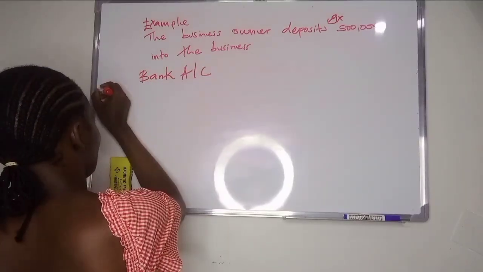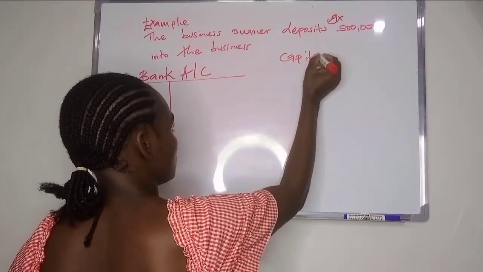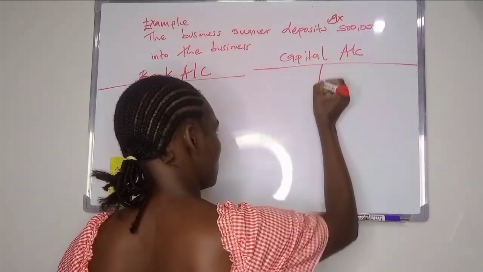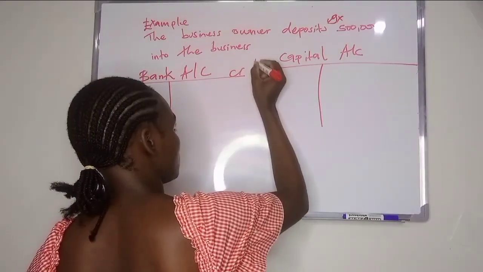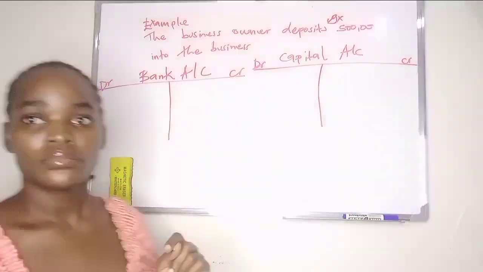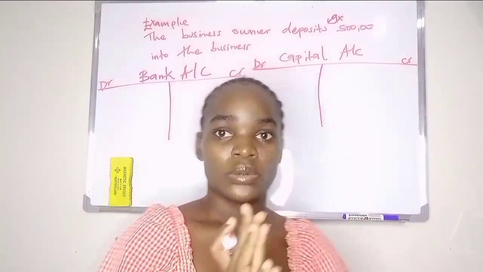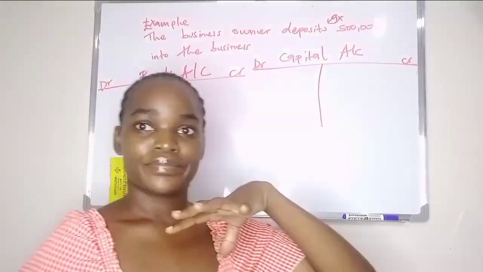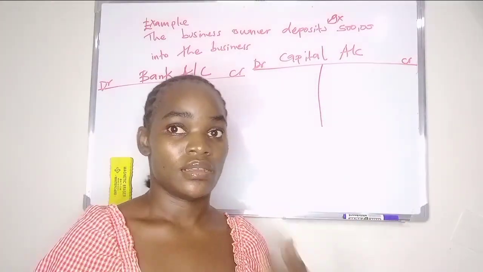Bank account, and then the capital account. So the amount we have here is 500, and in accounting, every business transaction has a debit and then a credit.